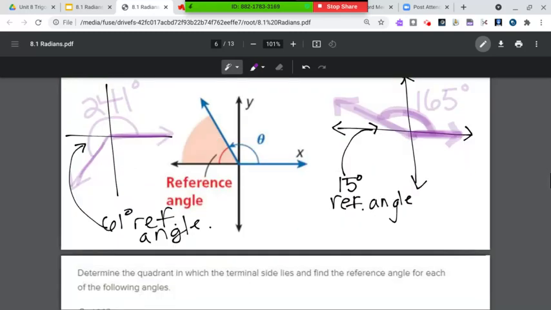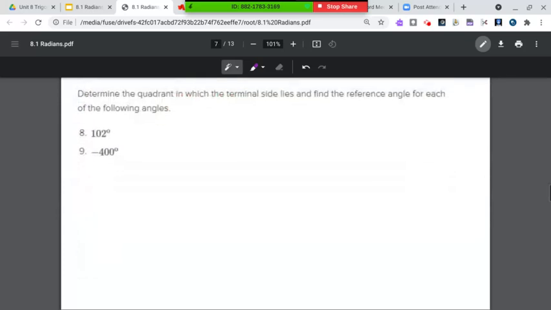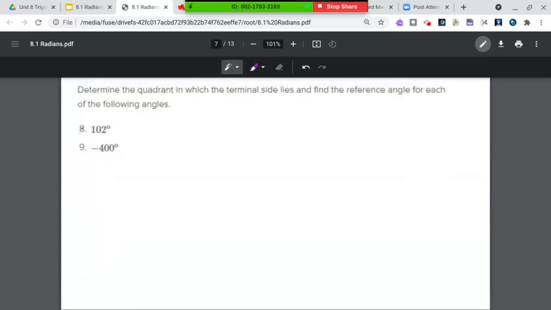Okay? Let's keep going. Determine the quadrant in which the terminal side lies and find the reference angle for each of the following angles. Let's start with 102. Sometimes it helps if you quickly sketch it. A 102-degree angle is going to lie, let's see, that's 90, and then what do we need? 12 more degrees, so 102 is here, about.